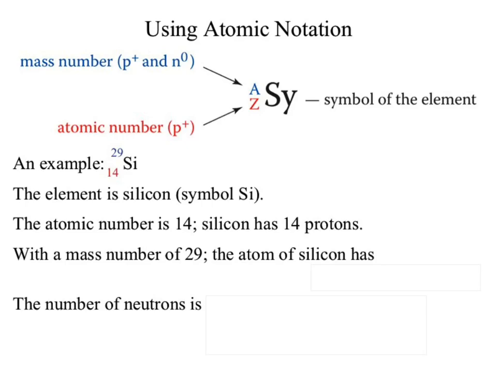Right? Mass number is 29. So what else do I know? The mass number is the number of protons and neutrons. So 29 equals the number of protons plus neutrons, which means I can now figure out the number of neutrons because protons were 14. I can now do my substitution in, and I find out the number of neutrons is 43.